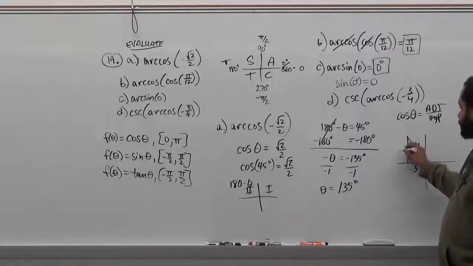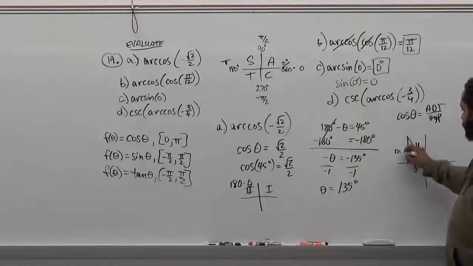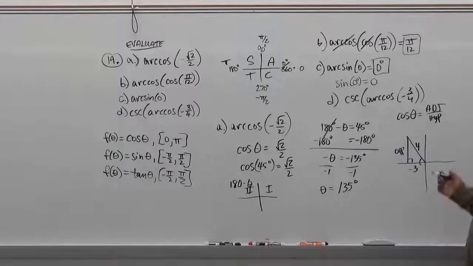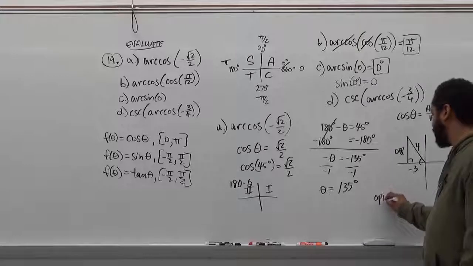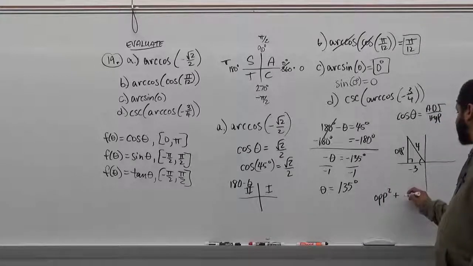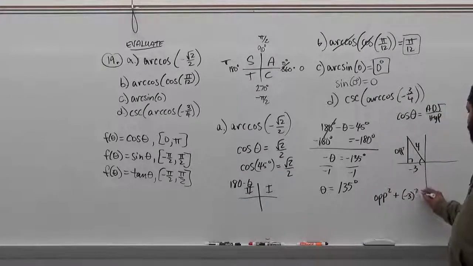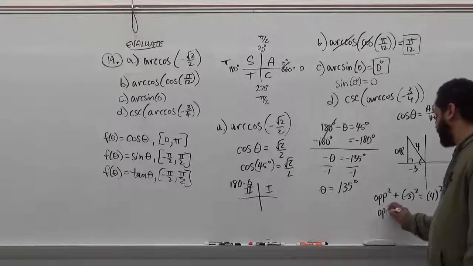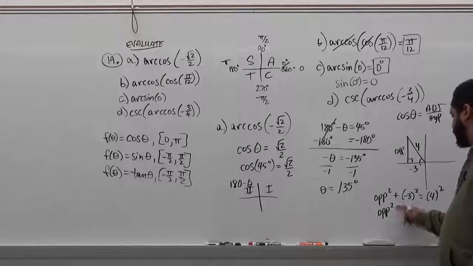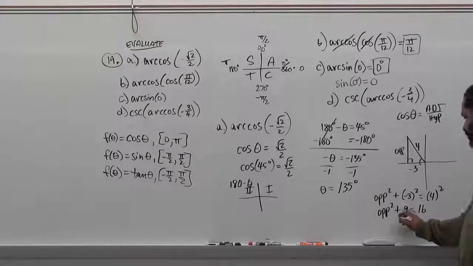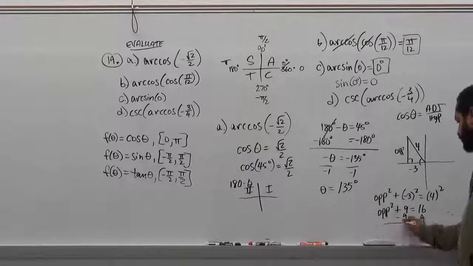So we have to solve for this opposite side, and we use the Pythagorean theorem for that. So you have the opposite squared plus the adjacent squared, which is negative 3 squared, is equivalent to 4 squared. We solve. The opposite squared plus 9 is equal to 16. We subtract the 9, and this goes away.